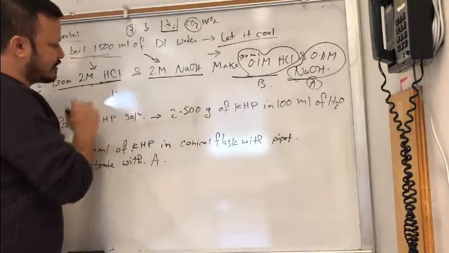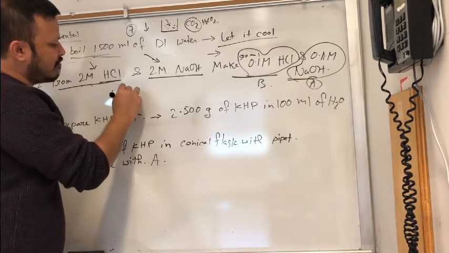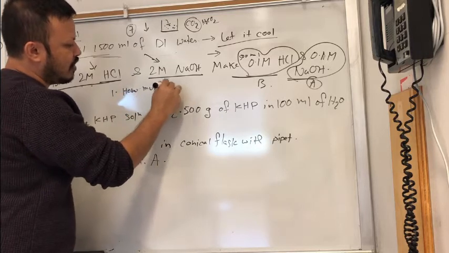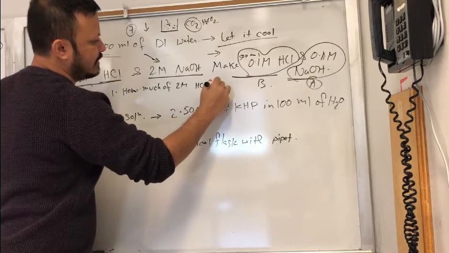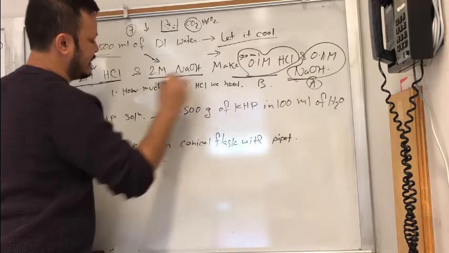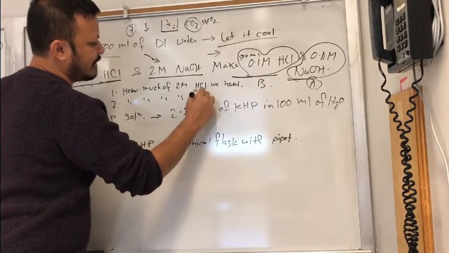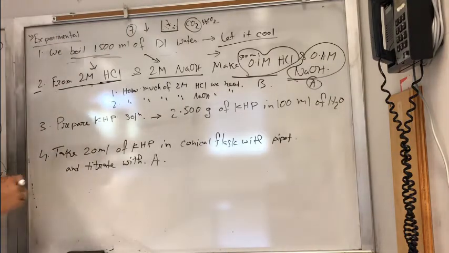Your job is to find out how much of the 2 molar HCl we need, and the same for how much of the 2 molar sodium hydroxide we need. So this is your job.